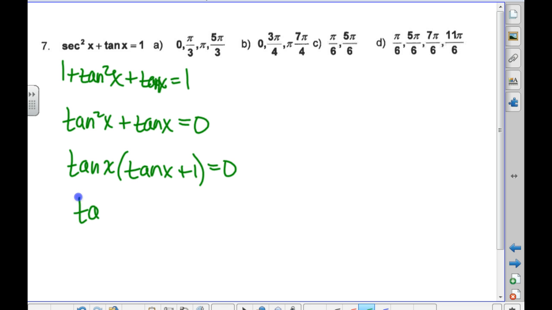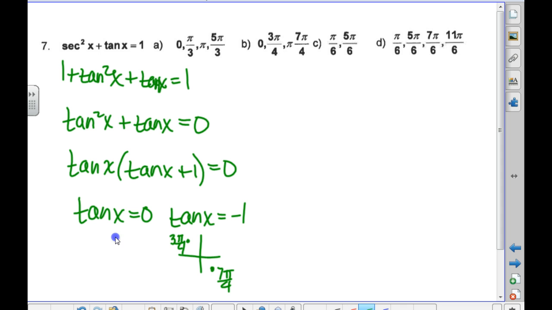I have, where is the tangent equal to 0? Or where is the tangent equal to -1? Tangent is -1 in this quadrant and this quadrant at some pi over 4s. So I'm thinking this is 3 pi over 4 and 7 pi over 4.